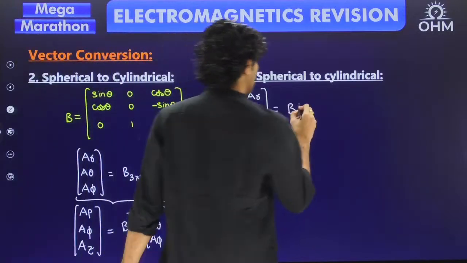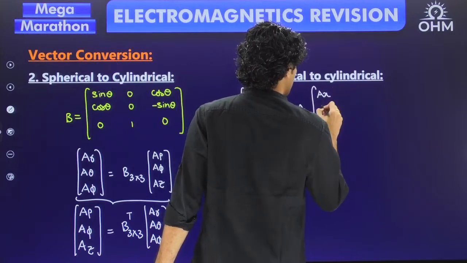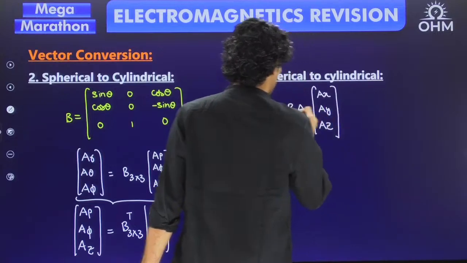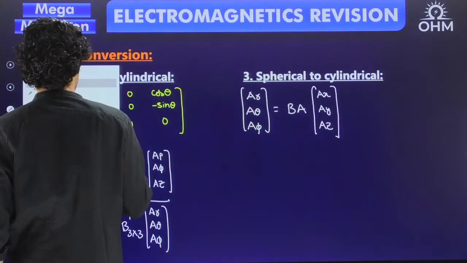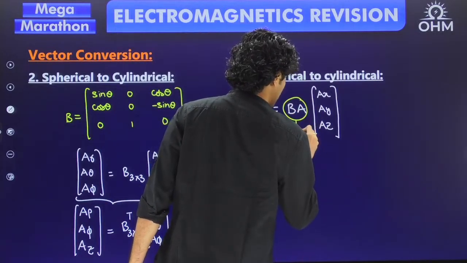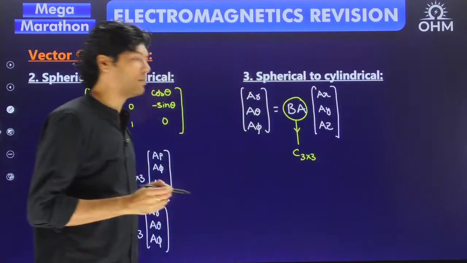So both of them are 3 by 3 matrices. Multiplication of two 3 by 3 matrices will give you another 3 by 3 matrix, and let me call it C. So C is another 3 by 3 matrix.